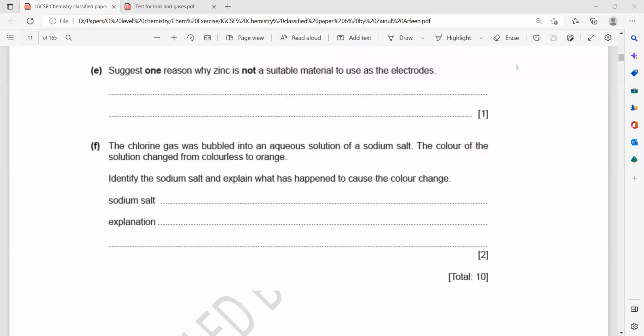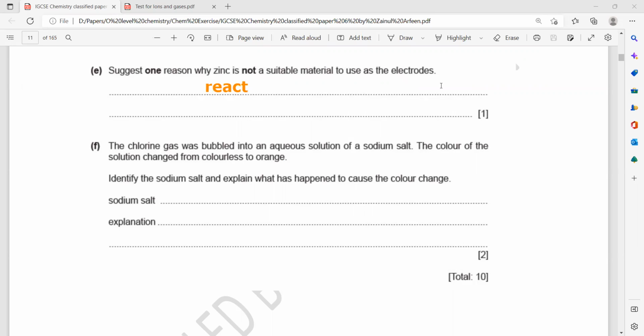You can mention zinc reacts with chlorine, or it's reactive. So any answer is acceptable. Even if you write it reacts, that is also the right answer. It gives an idea that it's a reactive metal. So zinc reacts or is a reactive metal. That's why we don't use it.